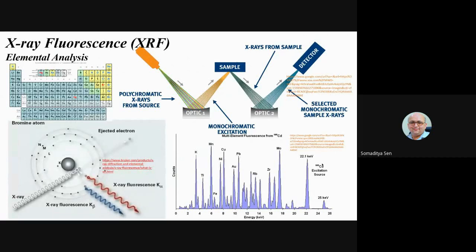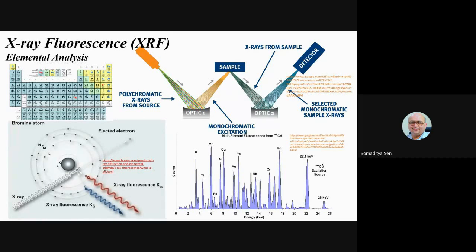Now, X-rays and electrons are very important to analyze materials. When I say this, I just want to make sure that you understand why X-rays and electrons are considered one of the very important things.